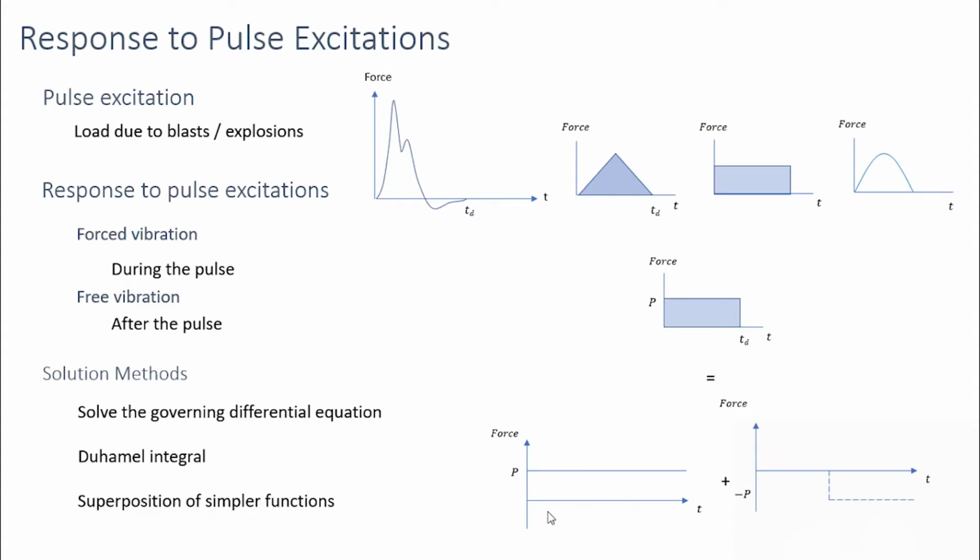This is a step force starting at time equal to 0 with a magnitude P, and this is another step force starting after some time with a magnitude minus P. If you add the response due to these two step forces, we would get the response due to this pulse. In the previous lectures, we have learned how to find the response due to step functions.